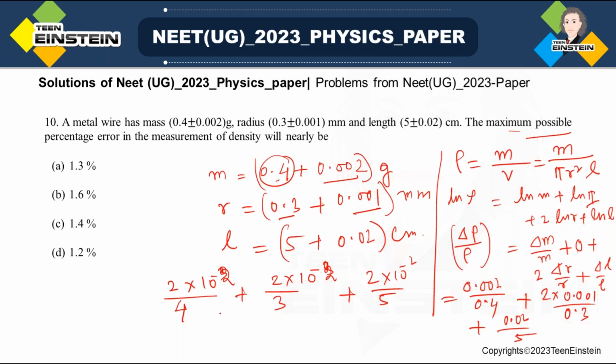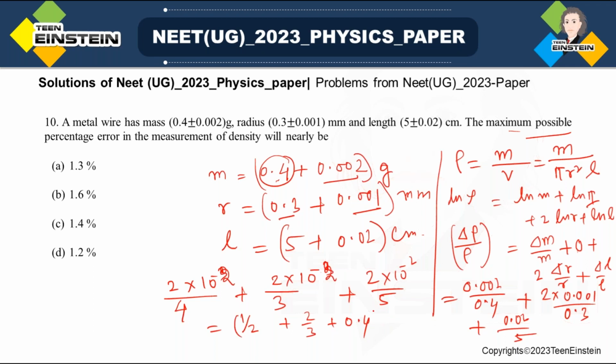Okay, so this will be half, this will be 2 by 3, and this will be again 0.4. So 0.5 plus 0.4, so 0.9 is fine.